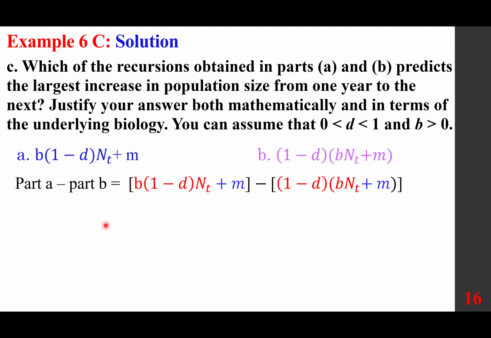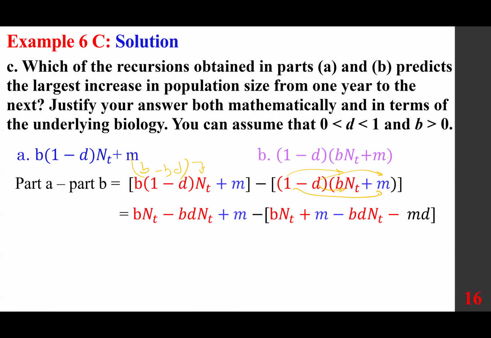This one we multiply. This one is B minus BD times N sub T, and we multiply these two, multiply these two, foiling. So this is what we get. A quick recap.